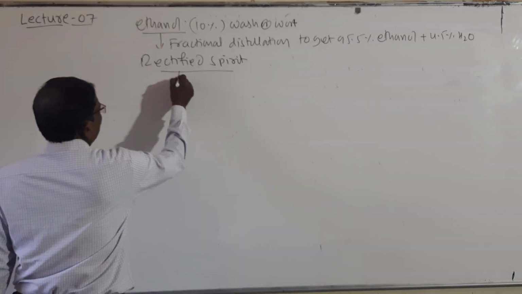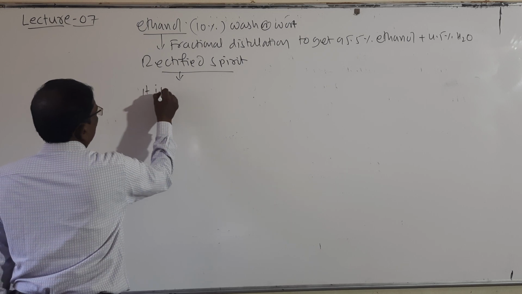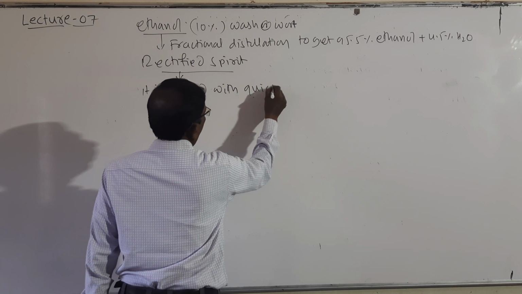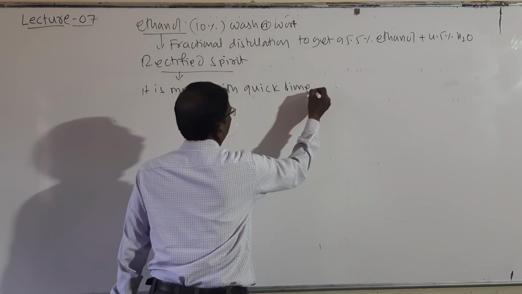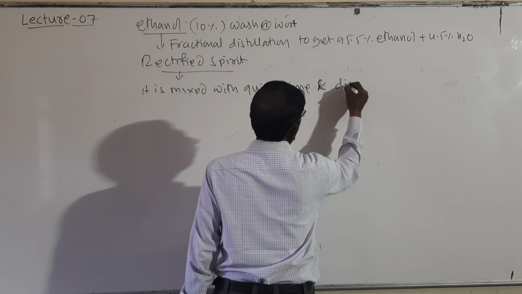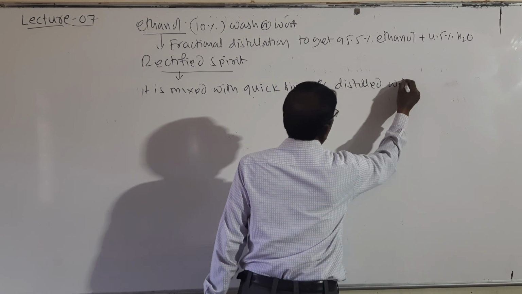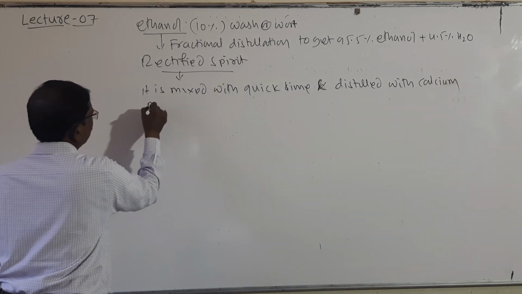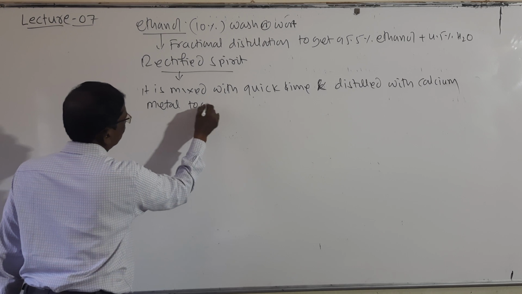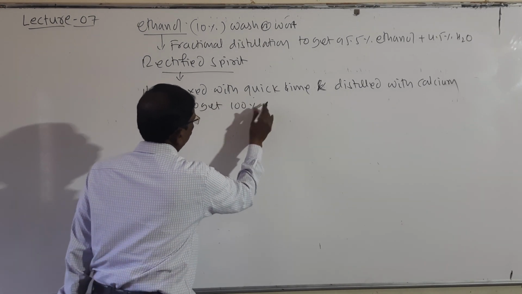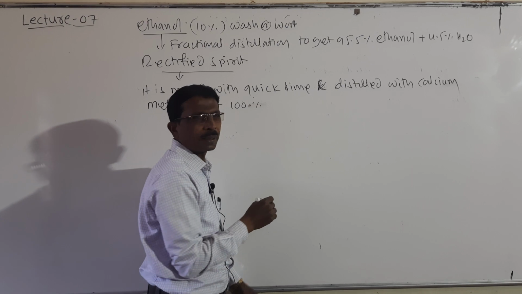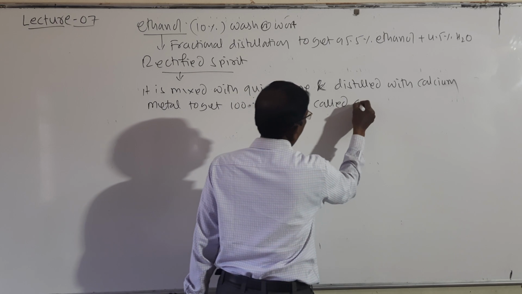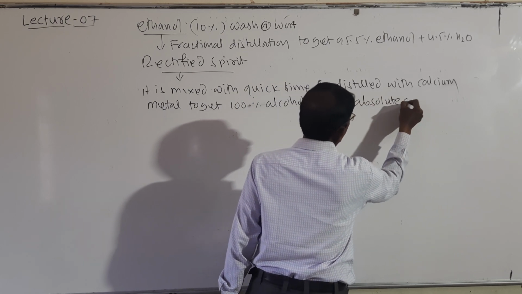And then this rectified spirit is mixed with quicklime and distilled with calcium metal to get 100% alcohol, that is 99 to 100% alcohol, called absolute alcohol.